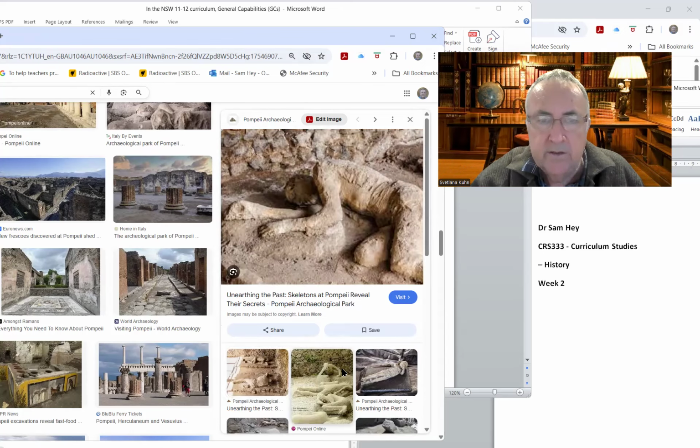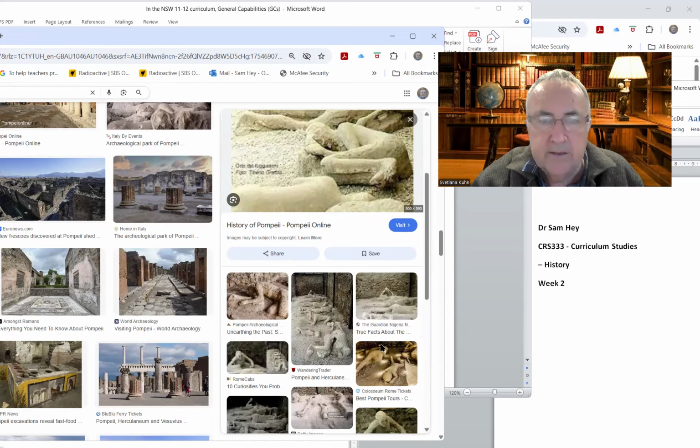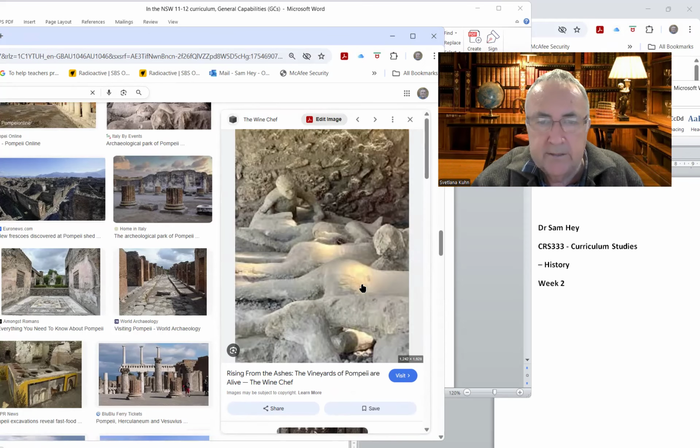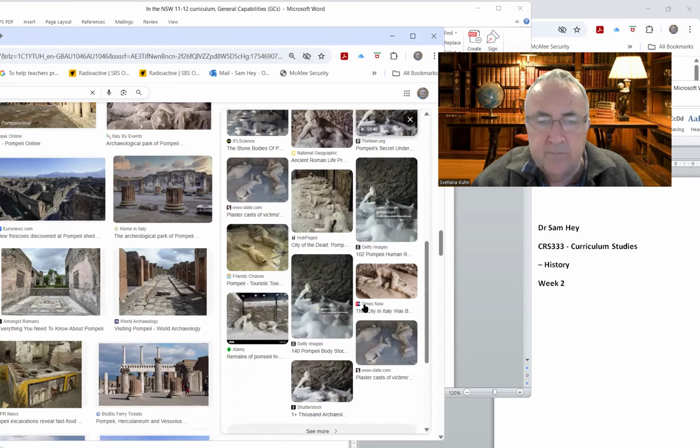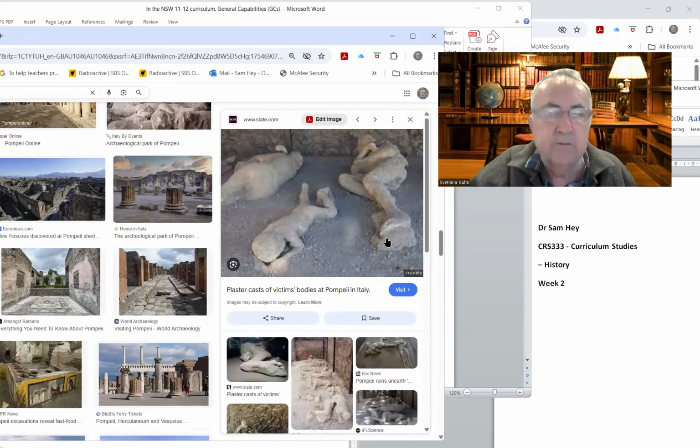And so you can see people exactly as they were at that time, and even whole families, preserved exactly in the position that they were when the volcano exploded.